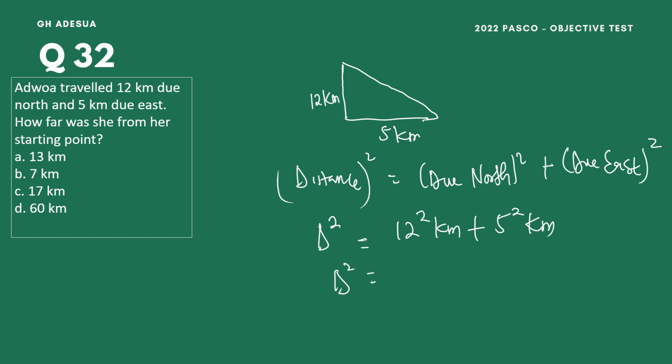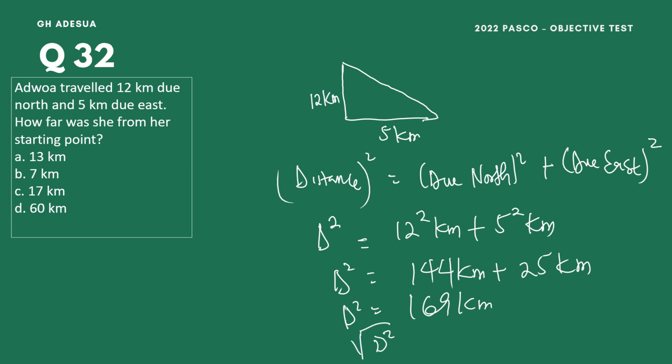This is going to be 44 km plus 25 km. This will give us d squared becomes 169 km. Since we're looking for the distance from the starting point, d becomes the square root of 169.